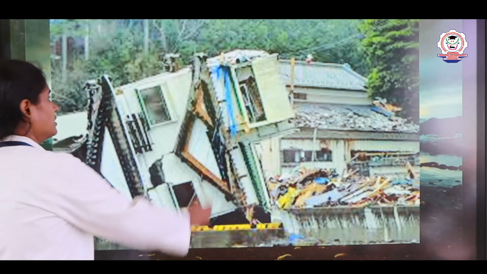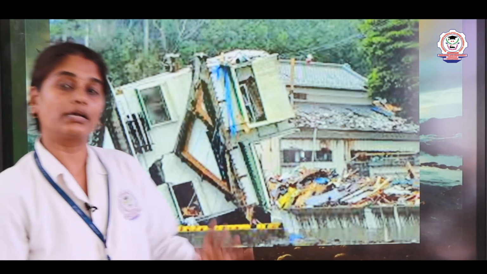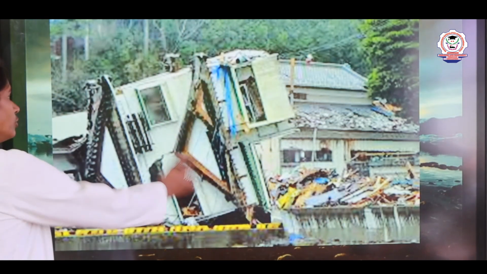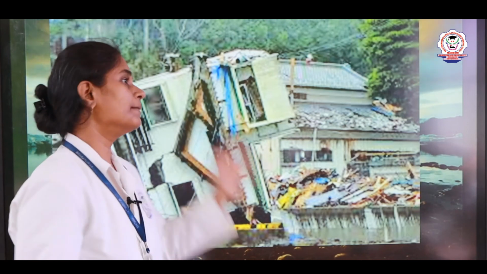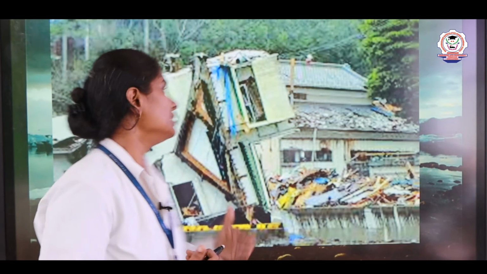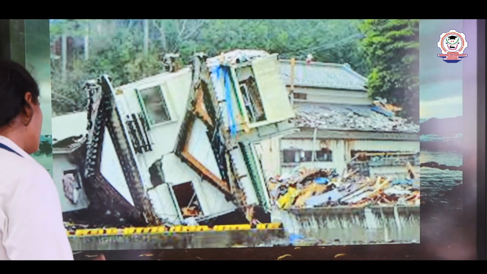Earthquakes very often occur in Japan. In Japan earthquakes occur frequently, right. Not only this, sometimes trees will fall because of the earthquake. The electric poles and the trees are uprooted. Okay. So, these are all the effects of the earthquake, right.